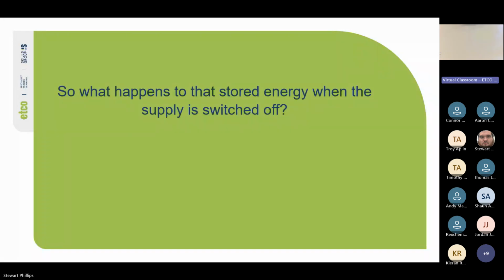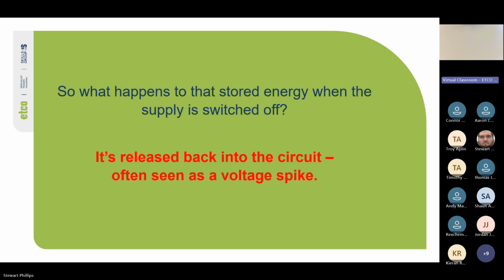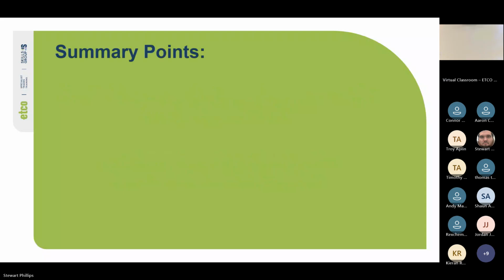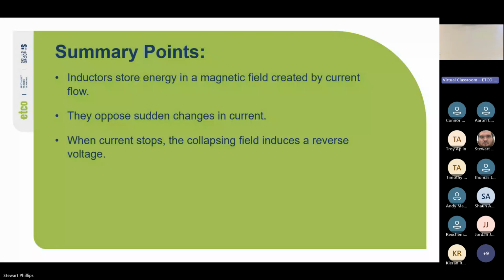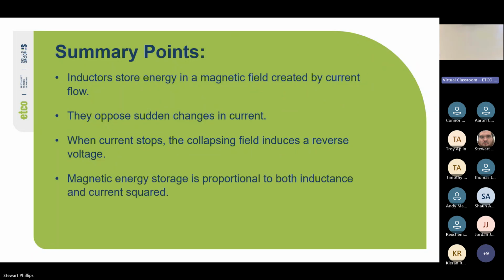Cool. So we just talked about stored energy: when supply is switched off, it's released back into the circuit, often seen as a voltage spike. Some summary points, if you haven't gotten any notes, good to get these down. Inductors store energy in a magnetic field created by the current flow. They oppose any sudden changes in the current. When the current stops, the collapsing field induces a reverse voltage.